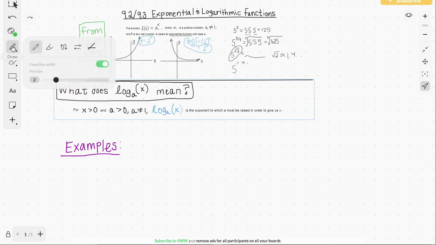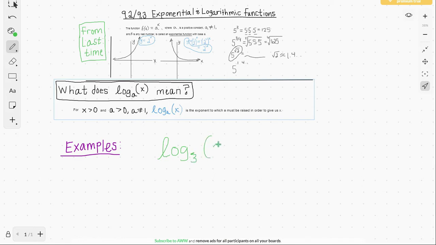So let's suppose that we want to simplify something like log base 3 of 27. Well, now let's glance at the definition. Log base a of x is the exponent to which a must be raised in order to give us x.